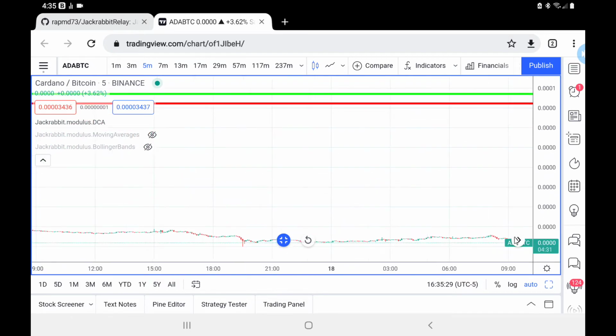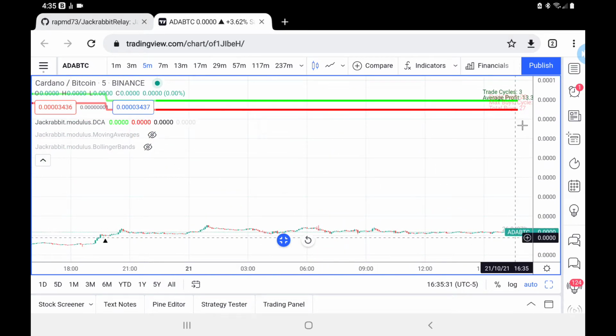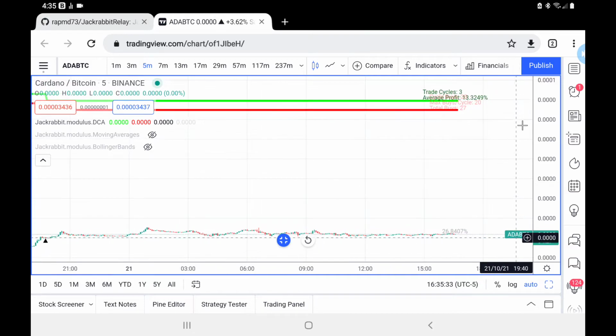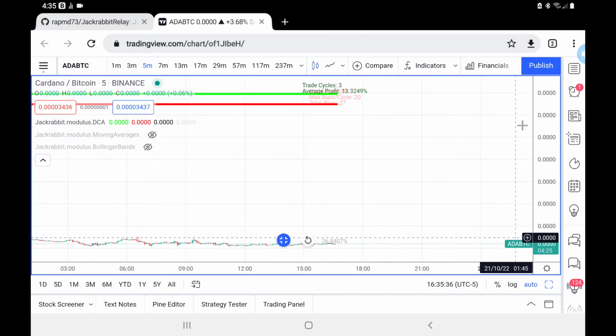That's a long time with a maximum position count of 20. So that might be something to consider with this recipe.